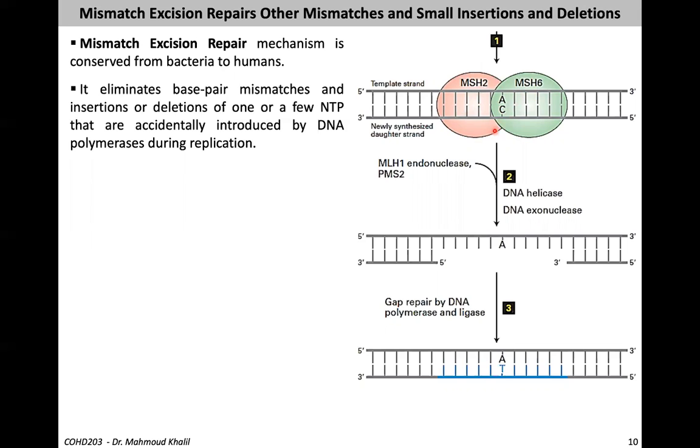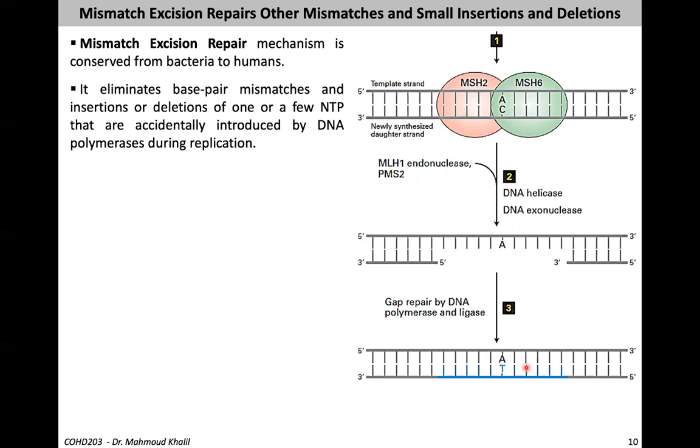These proteins, in collaboration with the MLH1 endonuclease, as well as helicase and exonuclease, remove the whole segment of the newly synthesized single strand, and the gap is repaired by the polymerase and the ligase to make a new repaired segment of DNA in the newly synthesized strand.